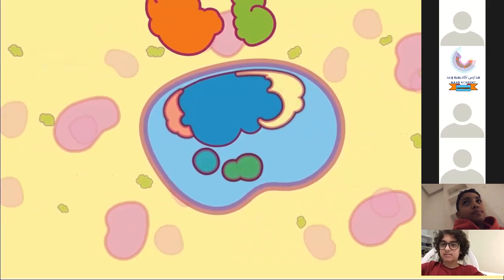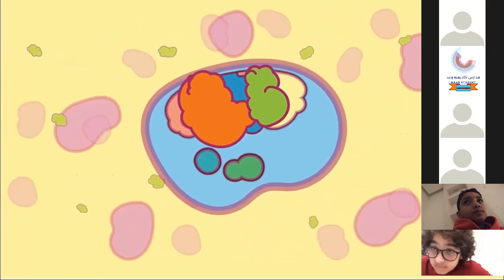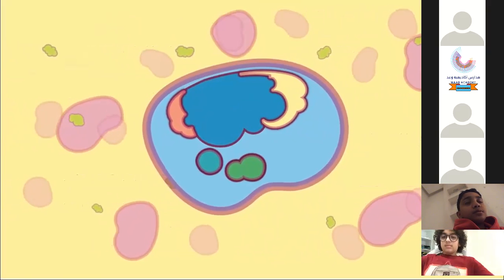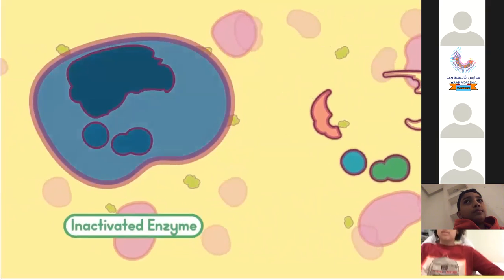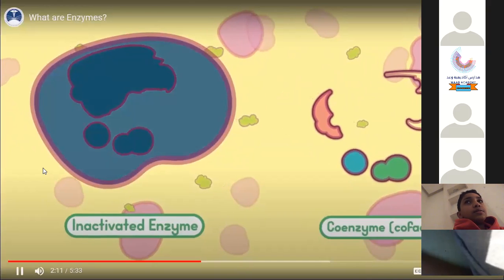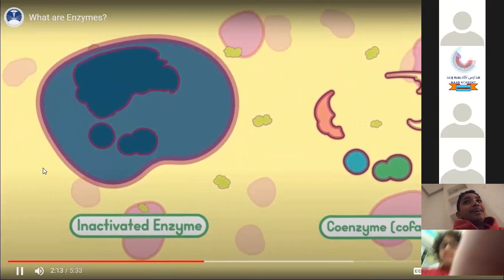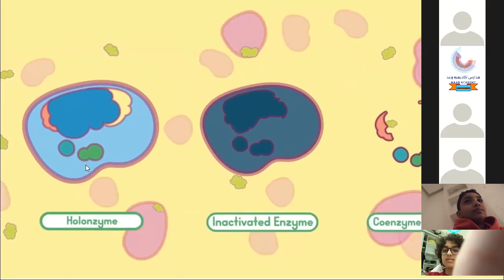Many enzymes only perform their catalytic role when associated a coenzyme. An inactivated enzyme, protein, along with its coenzyme, non-protein, makes up a system called holoenzyme.